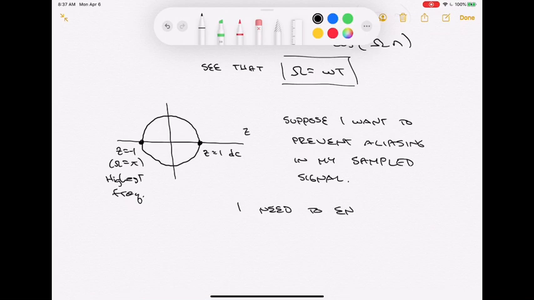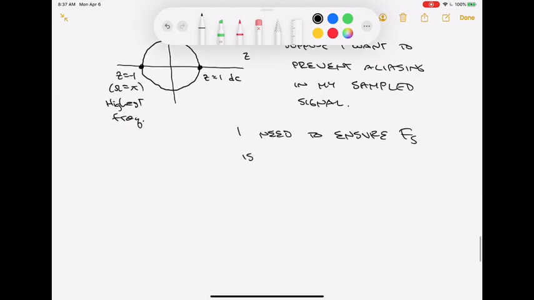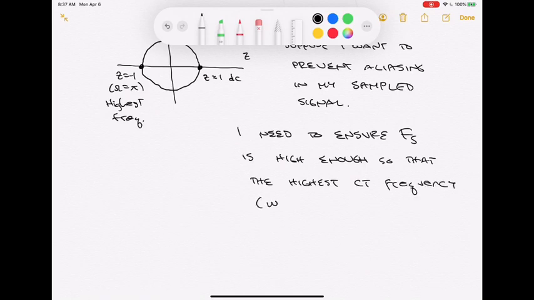to ensure my Fs, my sampling frequency, is high enough so that the highest continuous time frequency, let's call that omega max, maps to some digital frequency, call it cap omega, which is less than or equal to pi.